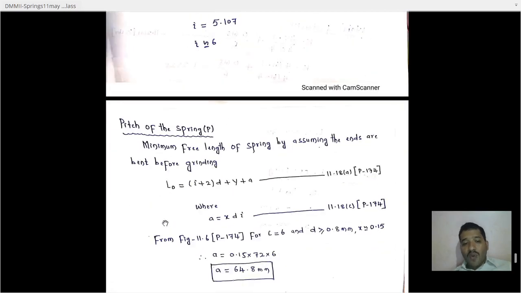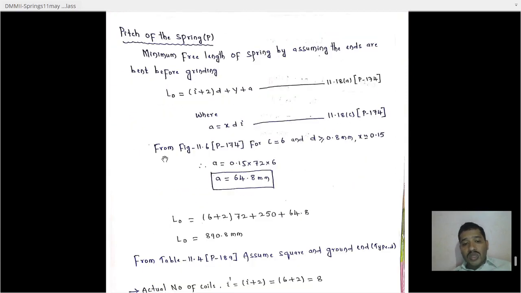After getting the number of turns, we need to find out the value of pitch, P. If you want to find the pitch from the free length, then we have to use this formula: L0, the free length, is equal to number of turns plus 2 into diameter of the coil, plus Y, plus clearance.